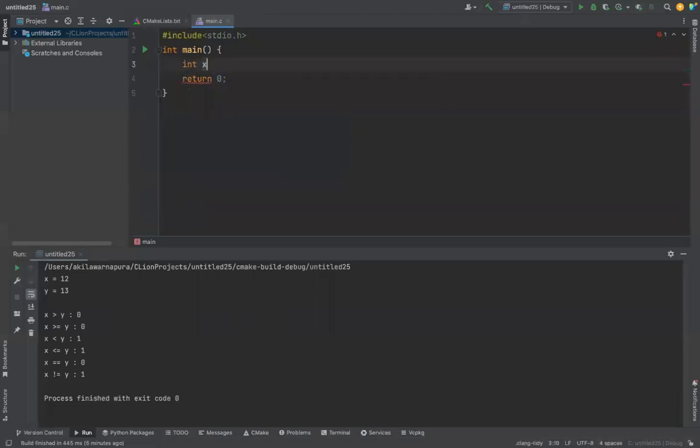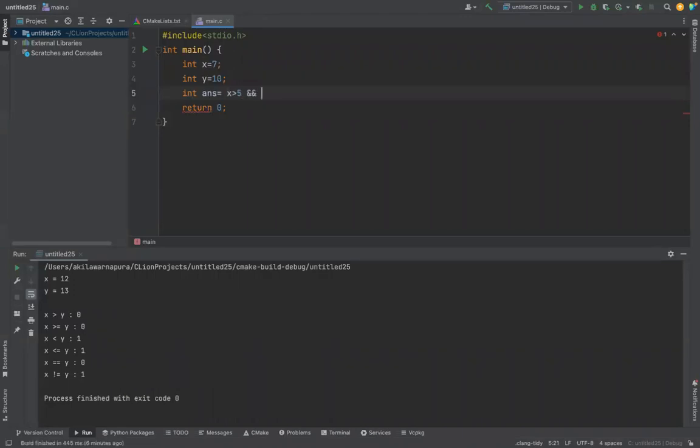Let's say int x equals 7, int y equals 10. Then int answer equals, let's say x greater than 5. This is one condition.